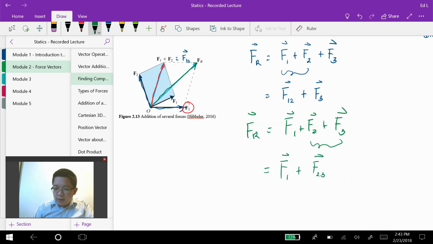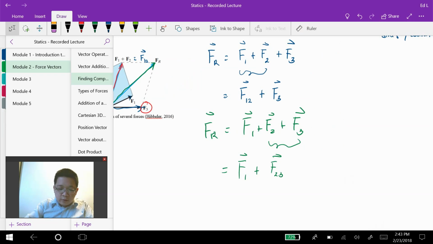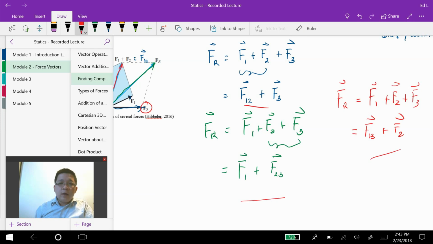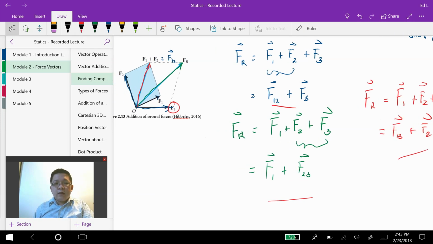In a similar manner, if you choose to calculate F1 plus F3 first, that's fine. You will obtain F13 plus F2. So this all will lead to the same answer, and the key in here is to take the summations one by one.